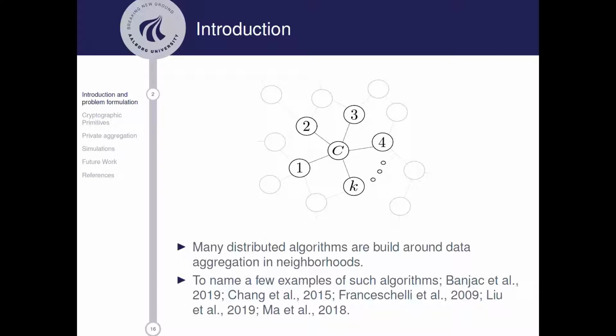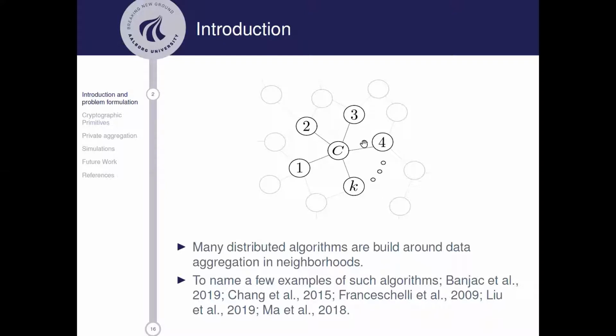For this, there already exist a lot of distributed algorithms that can solve various problems. And what we have noticed in these distributed algorithms is that many of them only use neighbor-to-neighbor communication. Also, in many of them, each node in the network doesn't need to learn the value of its neighbors.